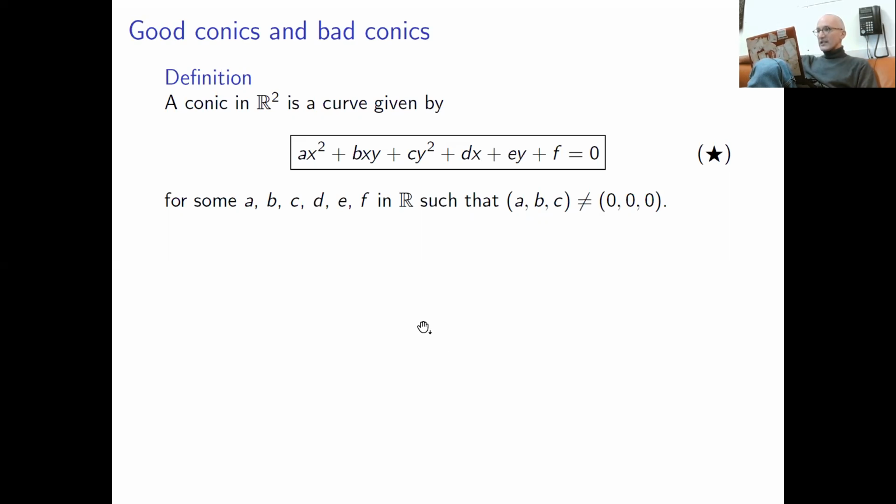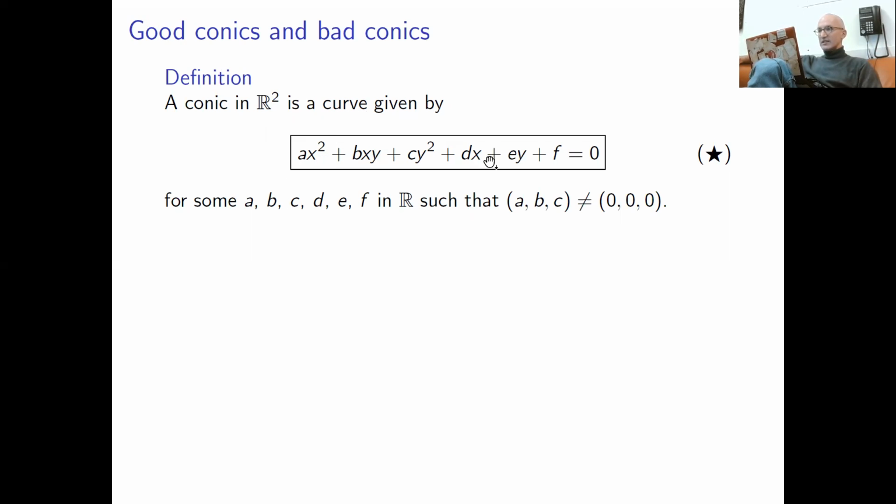Okay, to be precise, let's consider this definition. We say that a conic in the plane, or sometimes people call them conic sections, this is a historical name because all these curves can be obtained by cutting a cone by a plane. But in more modern terms, a conic in a plane is a curve given by a polynomial equation of degree 2.